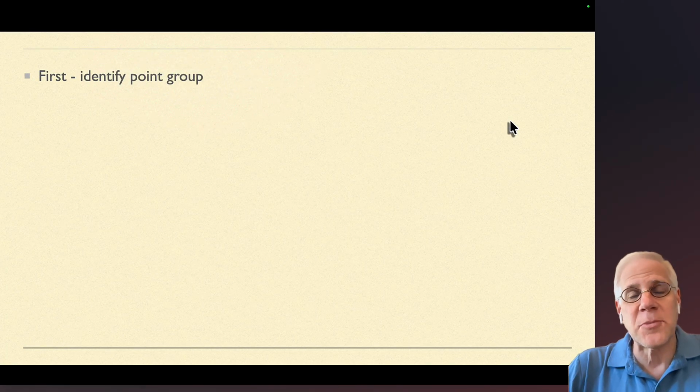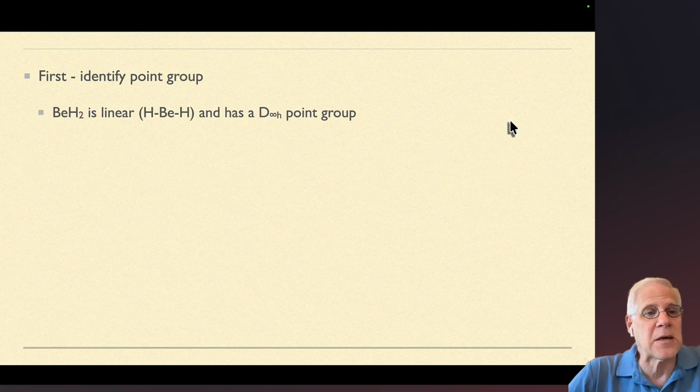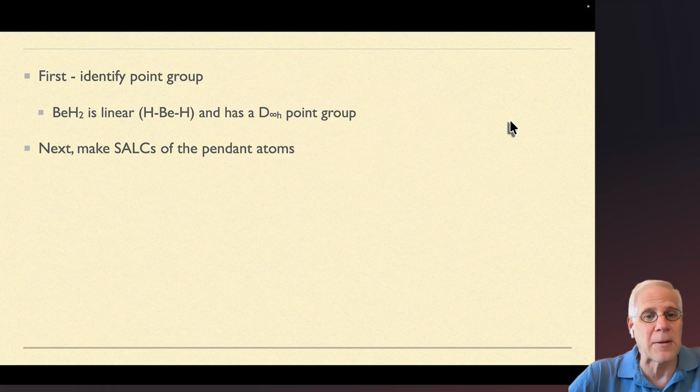So first thing we need to do, again, identify the point group. When we go through the point group flow chart, we see that BeH2 is linear. We can get that from VSEPR, and we see that we have a D infinity h point group, very common with linear molecules where the two pendant atoms are the same.